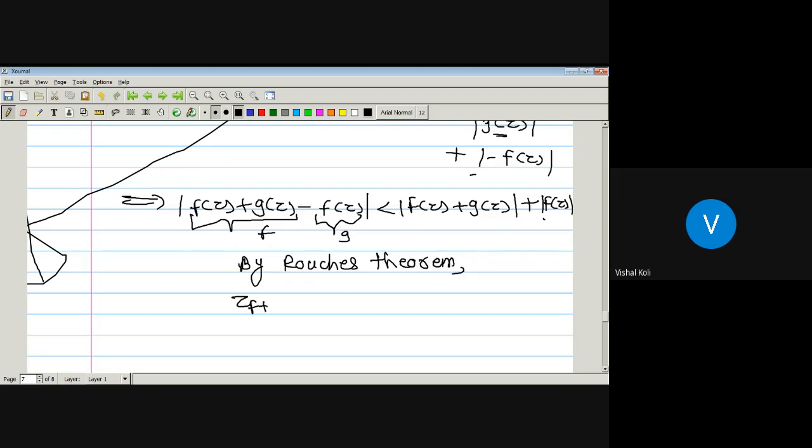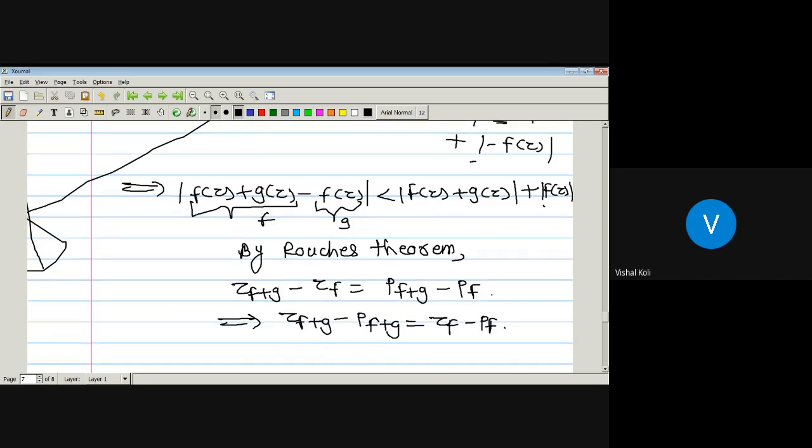Z_{f+g} minus Z_f is equal to P_{f+g} minus P_f. That is, this is nothing but Z_{f+g} minus P_{f+g} will be equal to Z_f minus P_f.